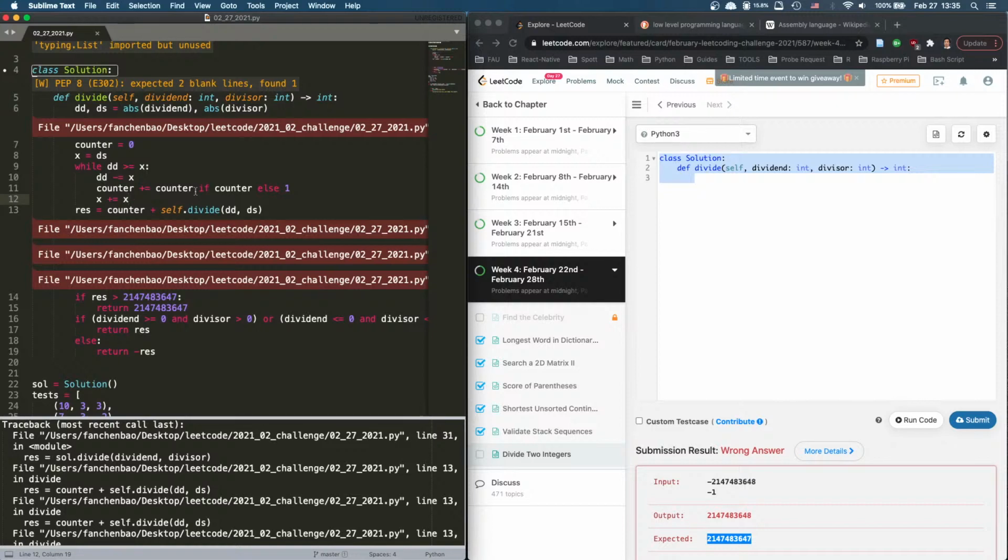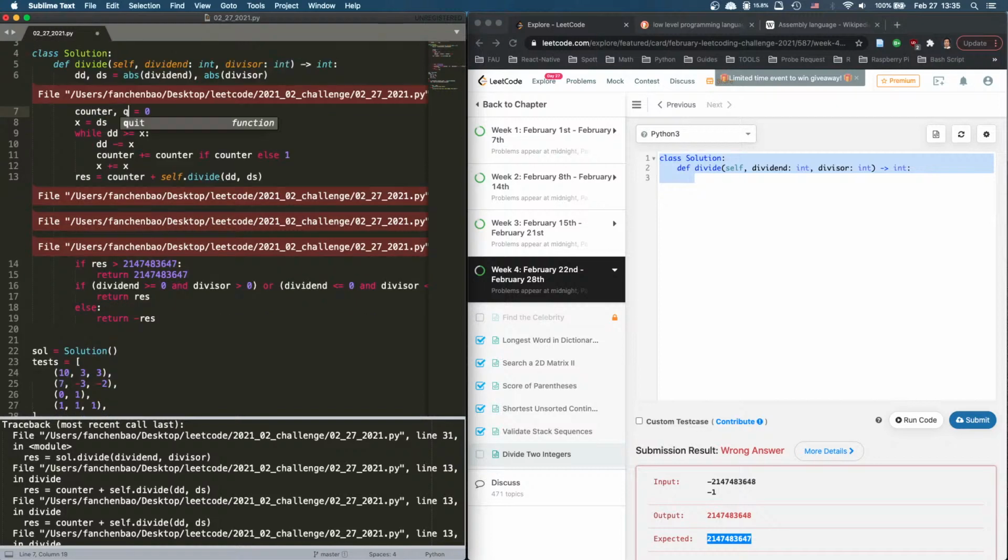Oh man, I'm trying to reason this. Okay, so we need to have a counter, and we need to have a quotient. I think we need 2 things: a counter and a quotient. So both 0 to begin with, right?